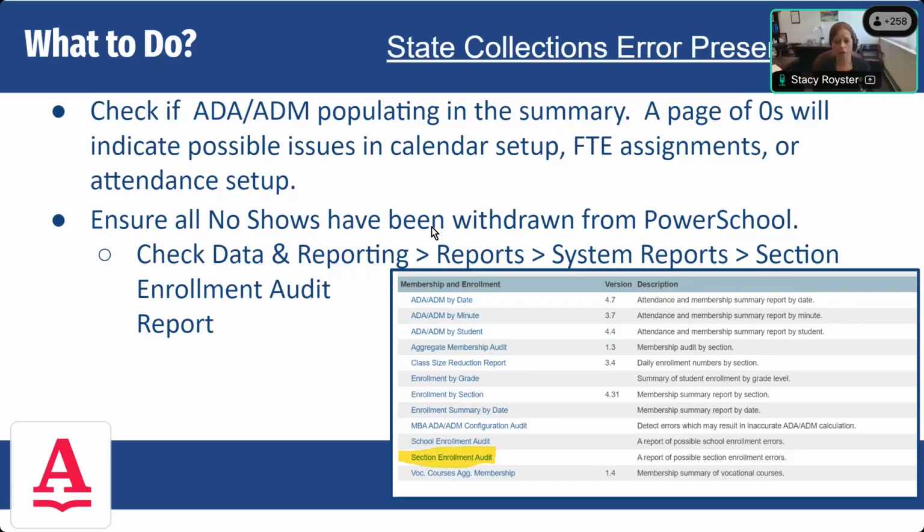Here's what I want to call the biggest thing that we have to make sure that we do: our no-shows. It is very important that you ensure all of your no-shows have been withdrawn from PowerSchool before this snapshot is taken. One of the places that I have seen no-shows hide are students who are in there but don't have a schedule.